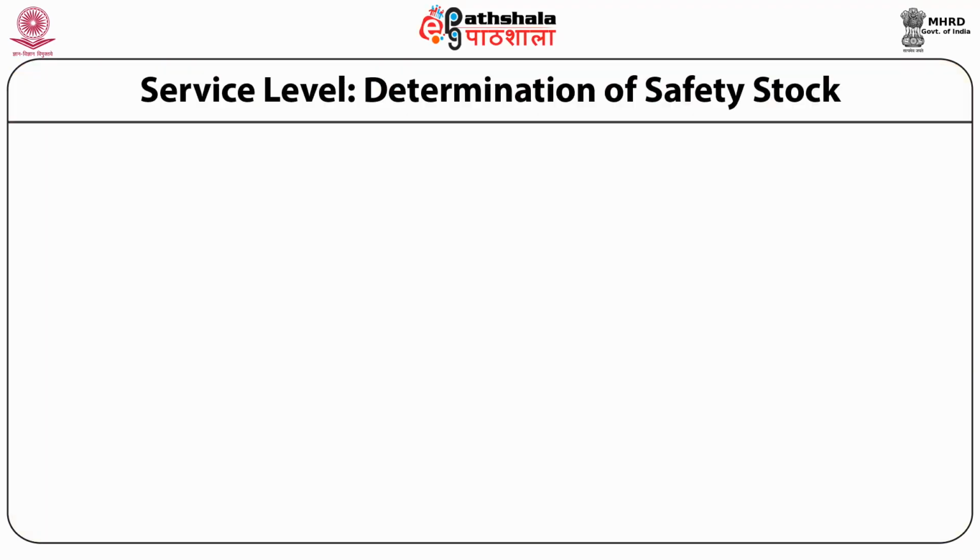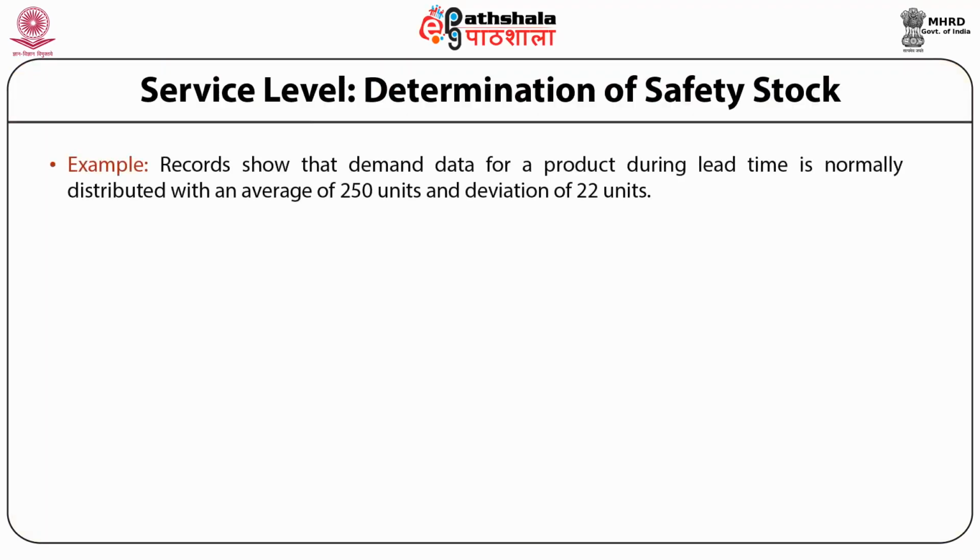Higher service level would imply requirement of creating a higher buffer for higher variation of demand. This variation is represented by a higher Z value. If Z equals 0, there is no safety stock, meaning stock outs will occur during 50% of the order cycles. Example: records show that demand data for a product during lead time is normally distributed.